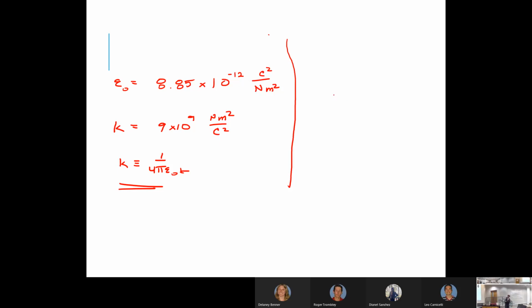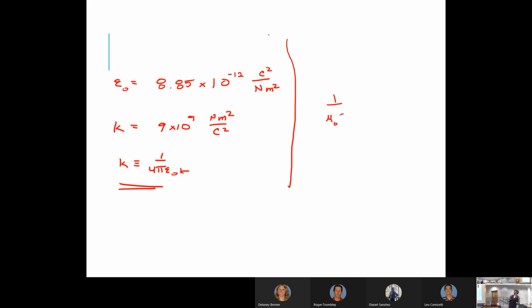There's a very weird relationship between a number called the permeability of free space, another material property, related to how it responds to a magnetic field.